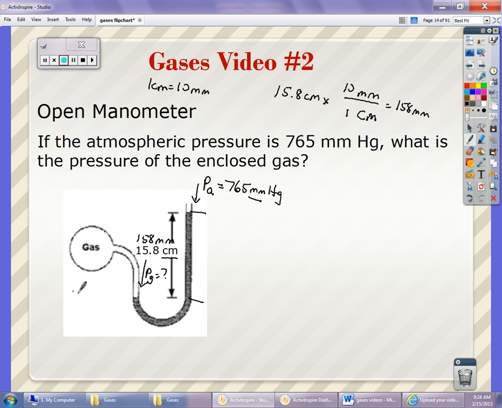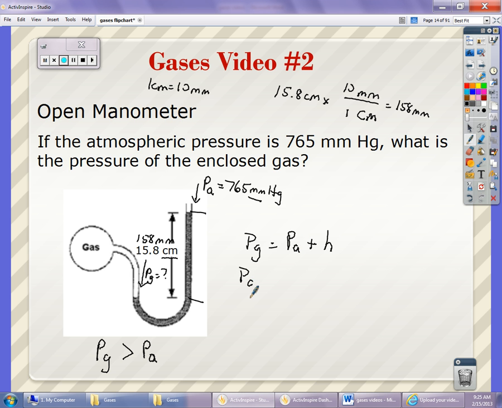Now, in this case, you want to find out who has more pressure, the gas or the air. The gas pushes it down all the way to here. The air only pushes to here. So in this case, pressure of the gas is greater than pressure of the air. So pressure of the gas equals pressure of the air plus that height difference.